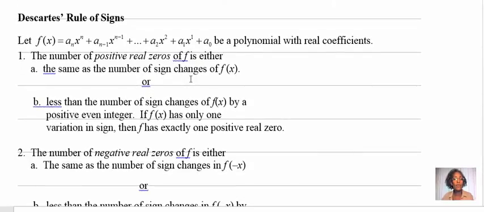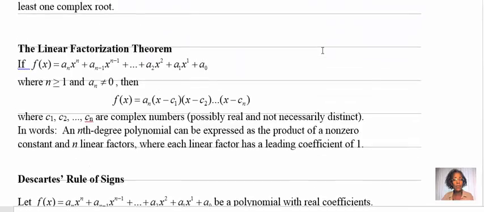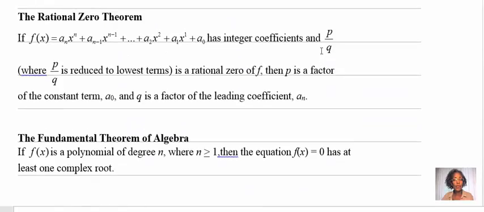Descartes' rule of signs basically says if I have an nth degree polynomial with real coefficients, I want you to notice the condition here, and I want to go back for a minute to the rational zero theorem. Notice in this theorem your coefficients are integers.